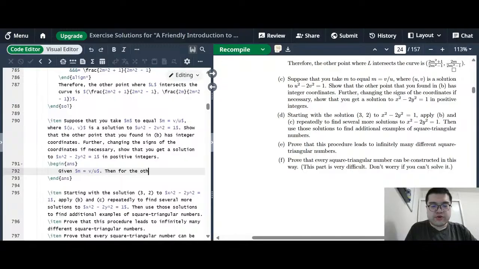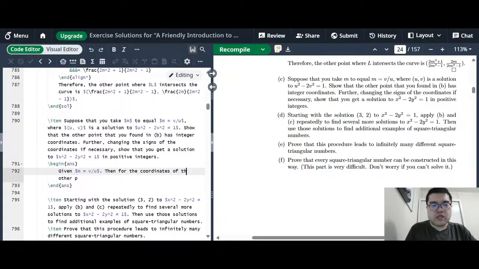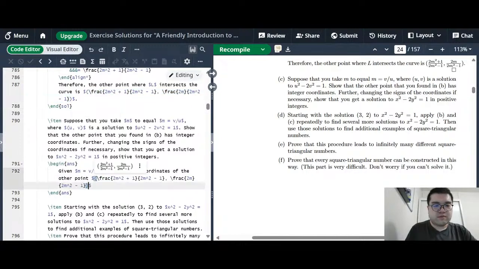then for the coordinates of the other points, the expression is this big fraction here. I'm going to copy and paste to make it faster.